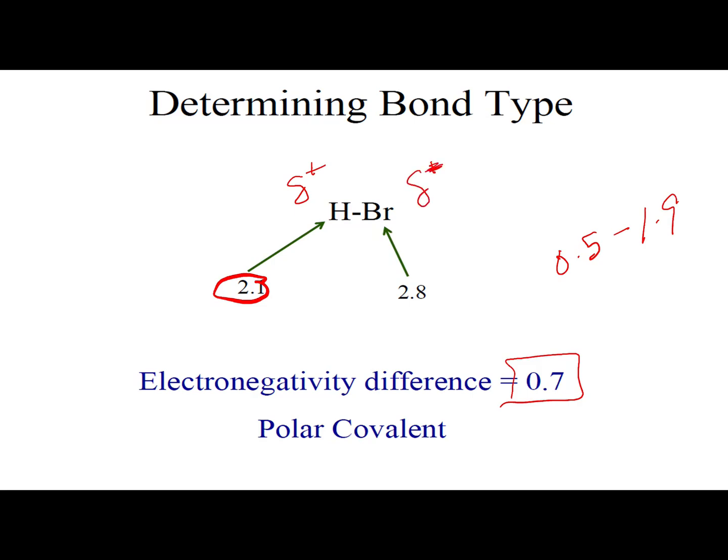So that will be partially negative. The partial negative charge is on the bromine atom. Now, these partial charges are a lot smaller than they are in something that has a bigger electronegativity difference. But again, we still have a partial positive and a partial negative charge.